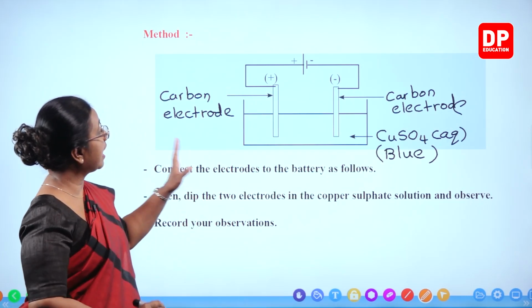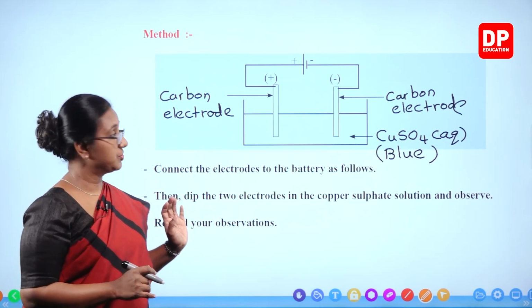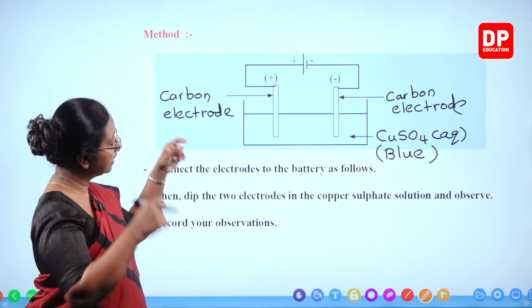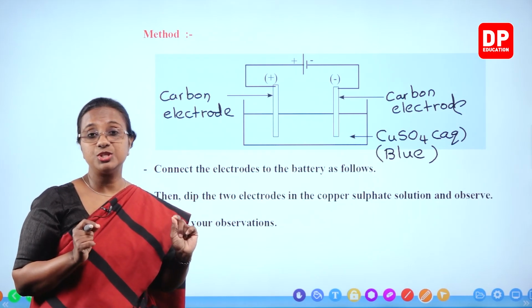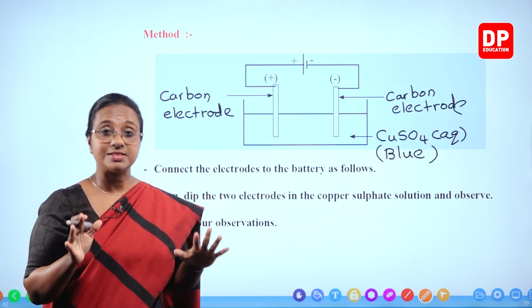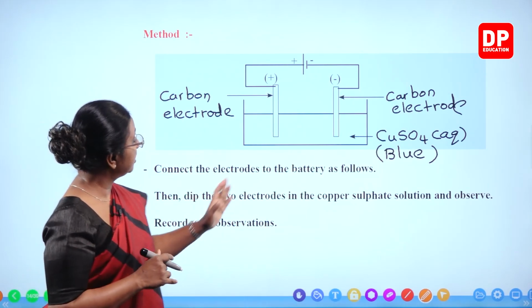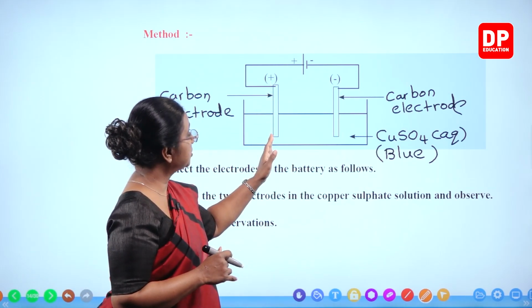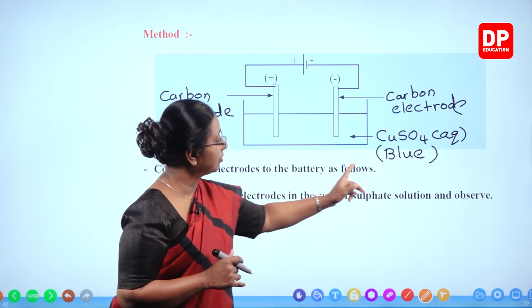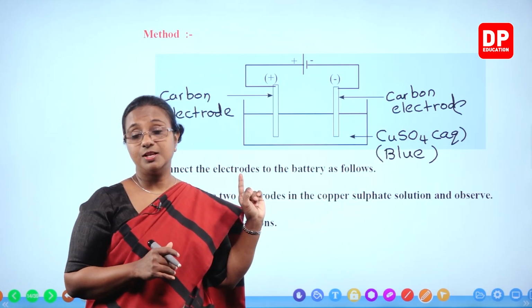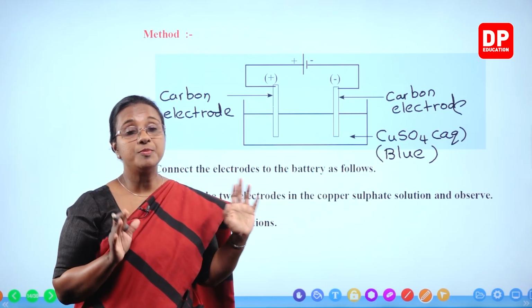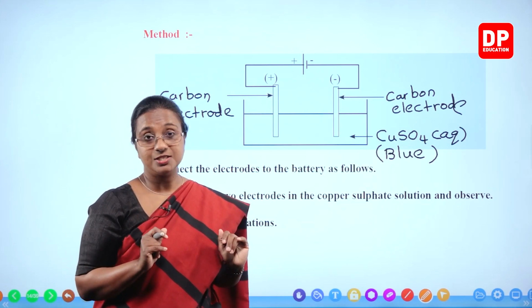So when we carry out the electrolysis process, once everything is connected and the electrodes are dipped into the solution, the electrolytic process will start, and then you have to look at the observations. Here you need to observe the positive electrode, the negative electrode, and also the solution in order to observe the changes. Is that clear, students?